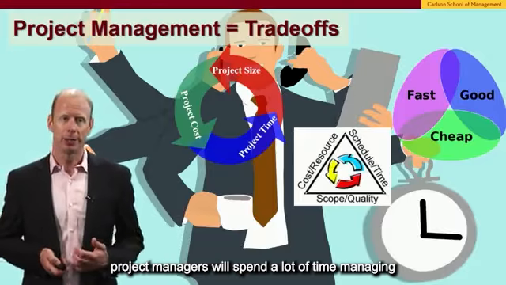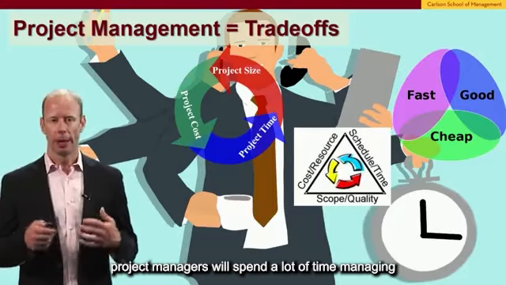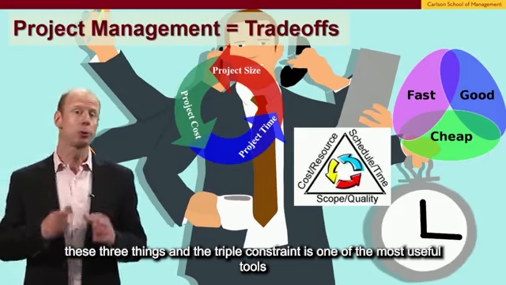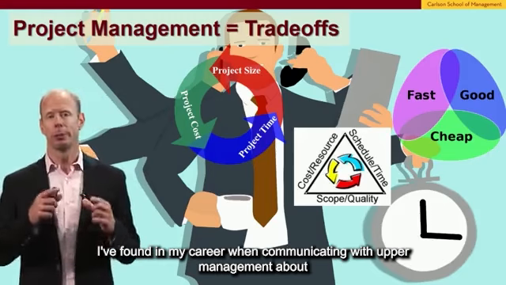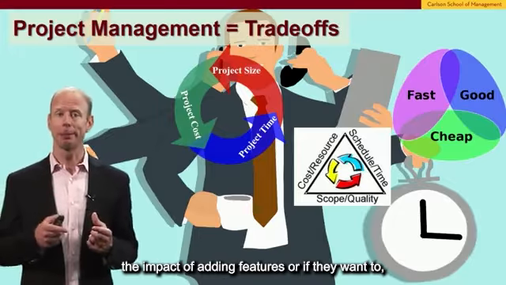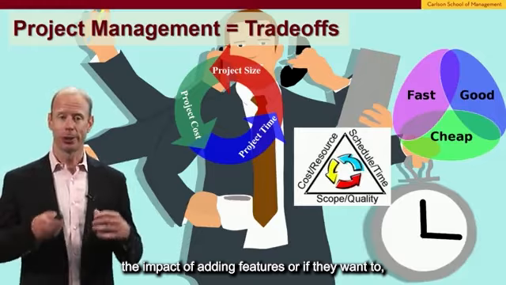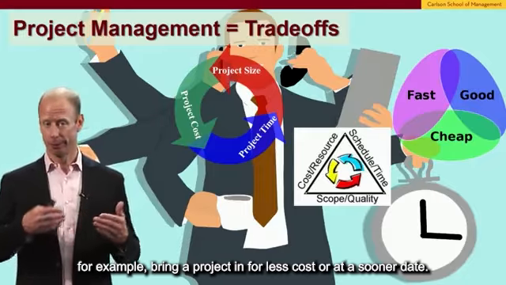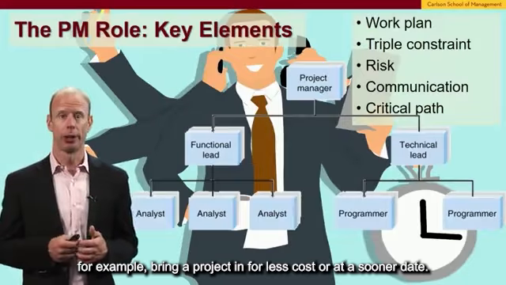And so project managers will spend a lot of time managing these three things. The triple constraint is one of the most useful tools I've found in my career when communicating with upper management about the impact of adding features or if they want to, for example, bring a project in for less cost or at a sooner date.